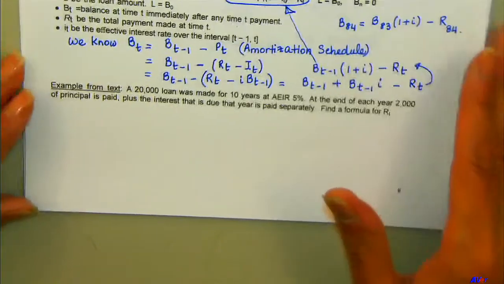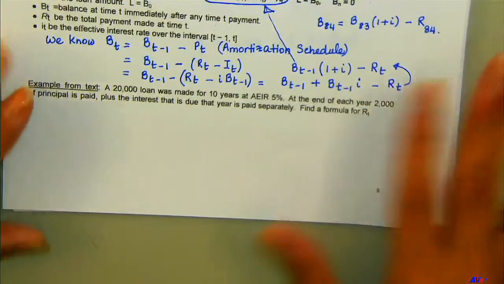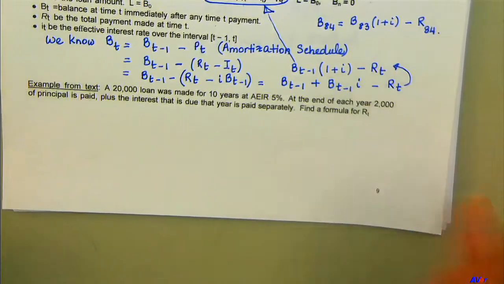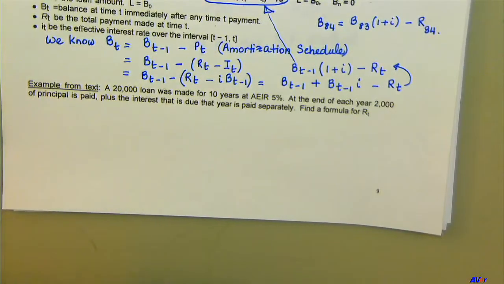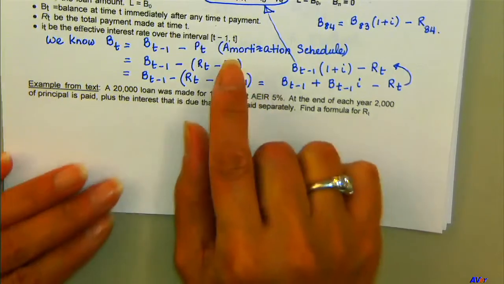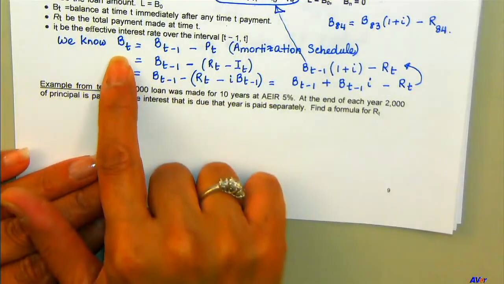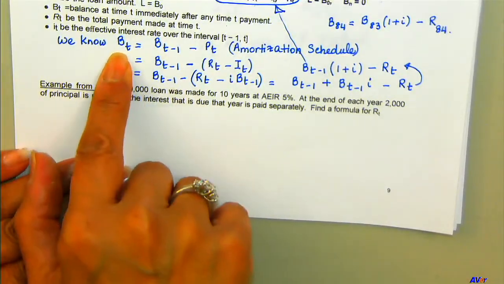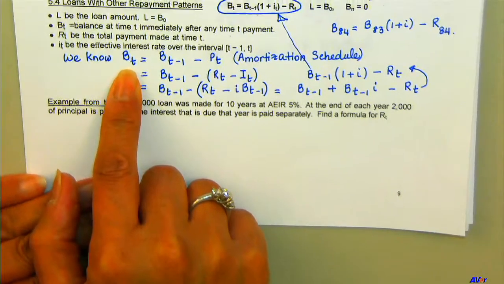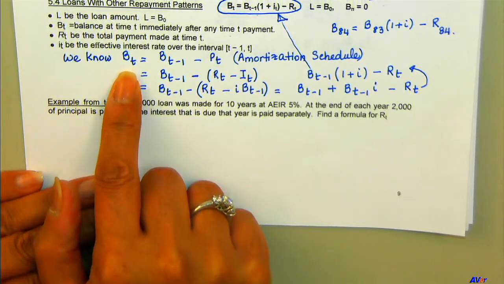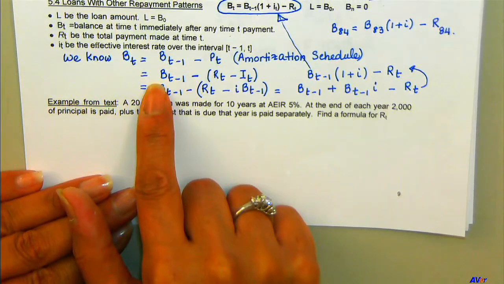Last time we ended on page 9 with this recursive formula, which links OLB_t to OLB_{t-1}, right? And all we did here was to say that the balance at time t is equal to the balance at time t minus 1 minus the principal paid at time t.